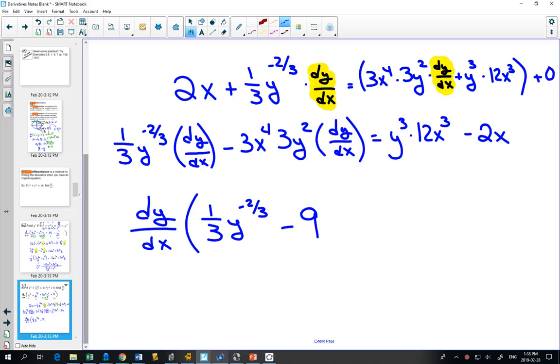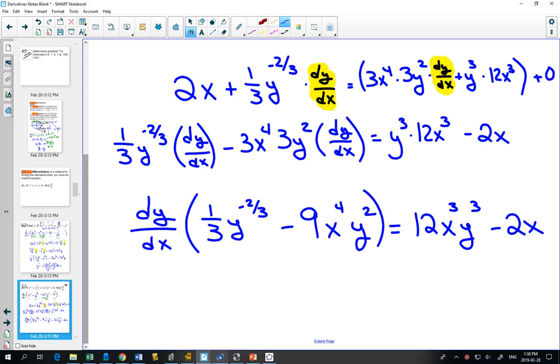As far as putting variables together, you tend to put them alphabetically, so you'd put your x first and then your y. Same thing here. I would write this as 12x cubed y cubed minus 2x. Forgot to close this bracket there.